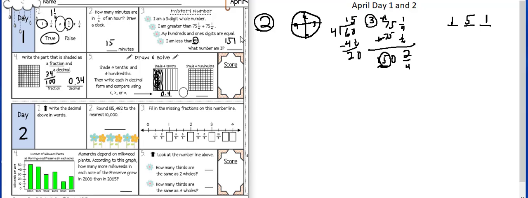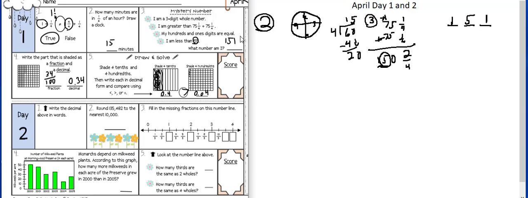Now shading in 4/100, that is just 4 of these little boxes shaded in. So that's 4 out of 100, and that would be 0.04. So that one would be greater.